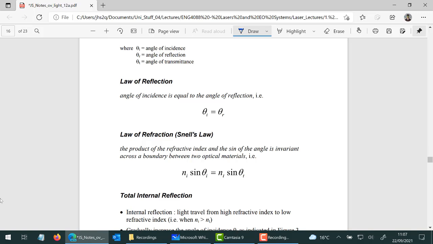So this means that n times sine theta is invariant as we go across that boundary.